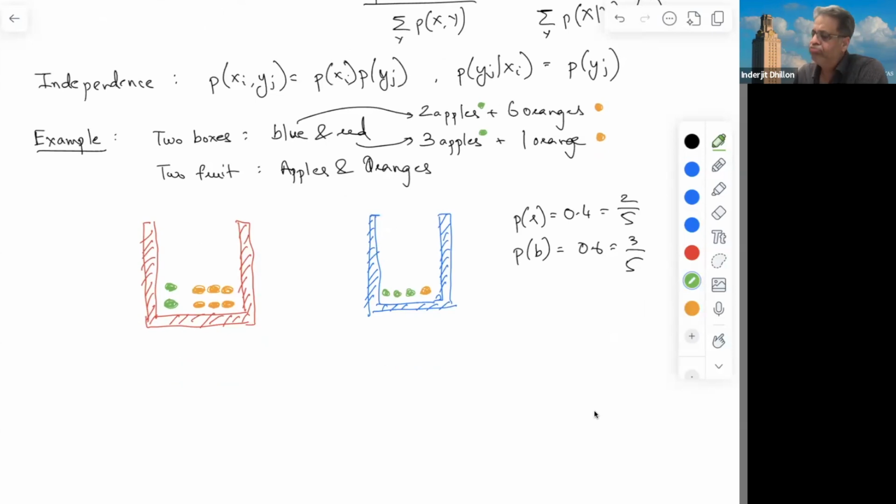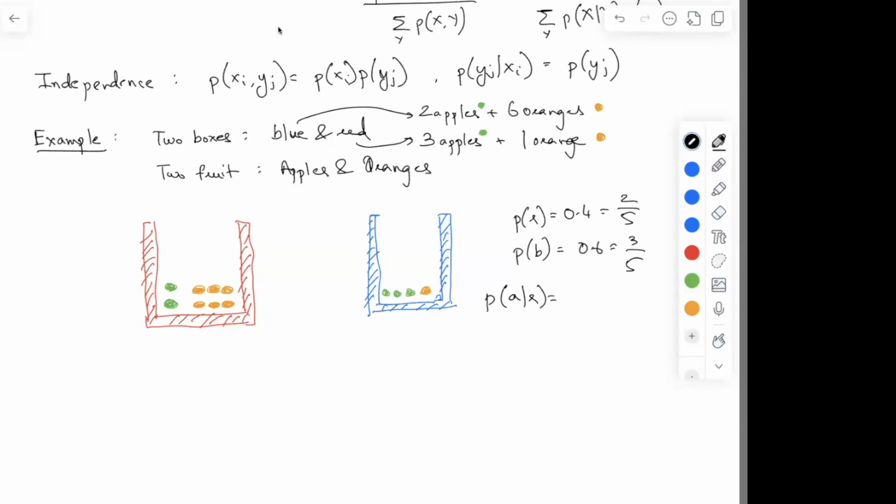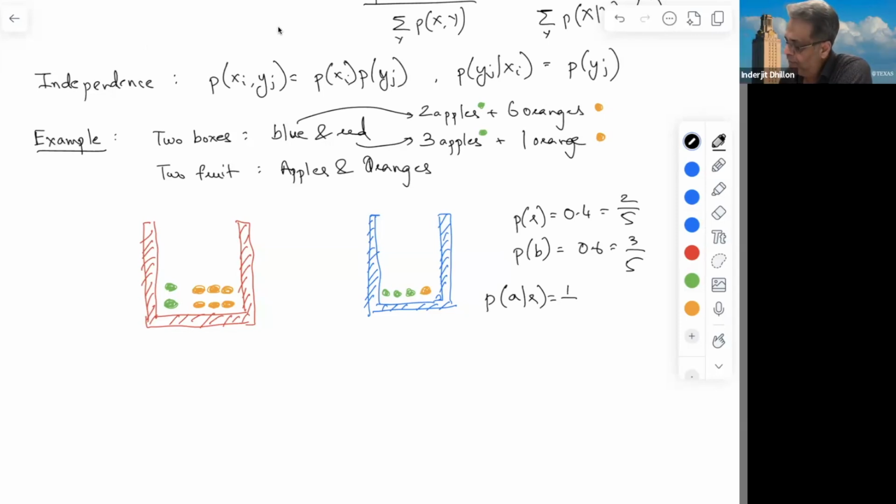Okay, so what is the probability of an apple given red box? Okay, come on, somebody help me out. 1/4. Is 1/4, right? So that's 2 divided by 8. There are 8 pieces of fruit in the red box.